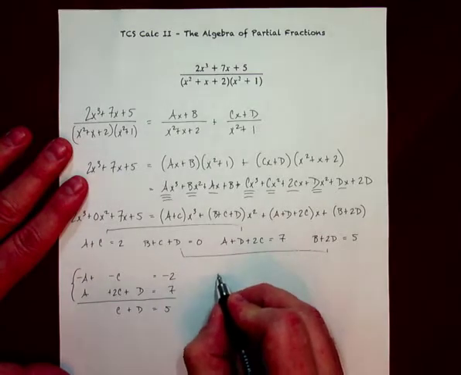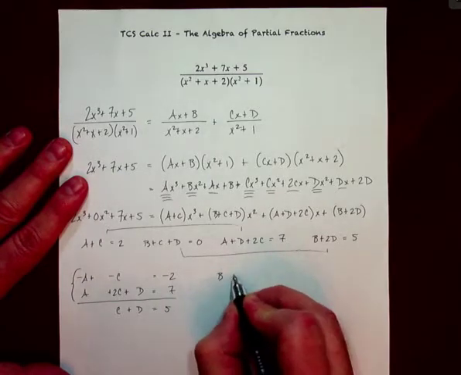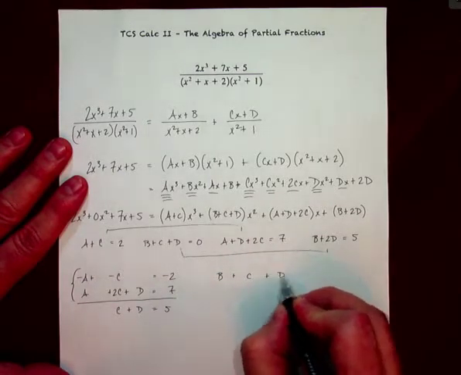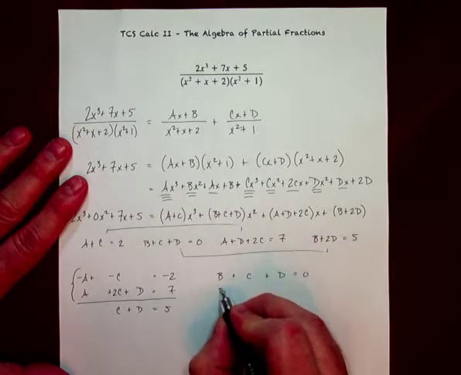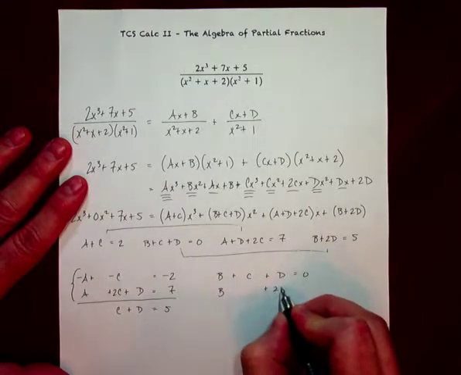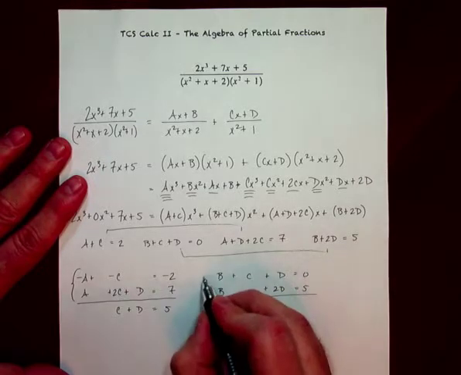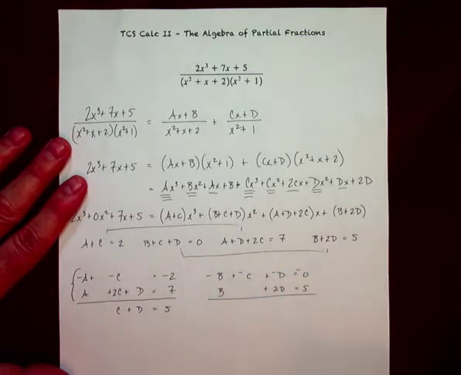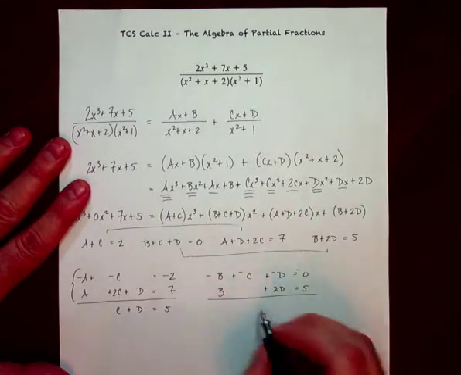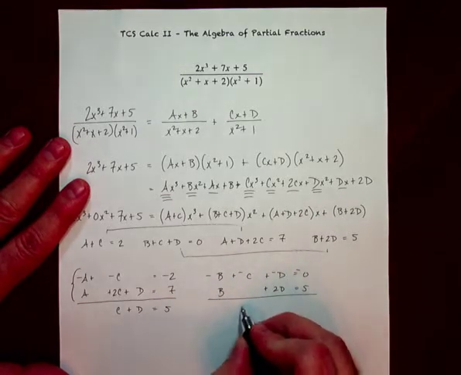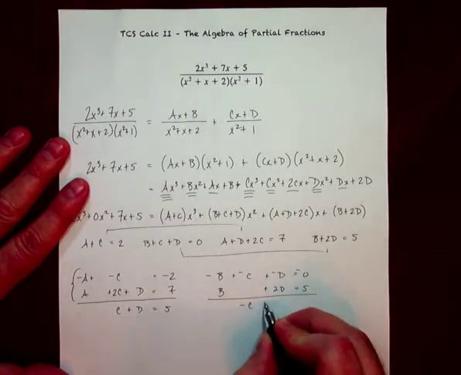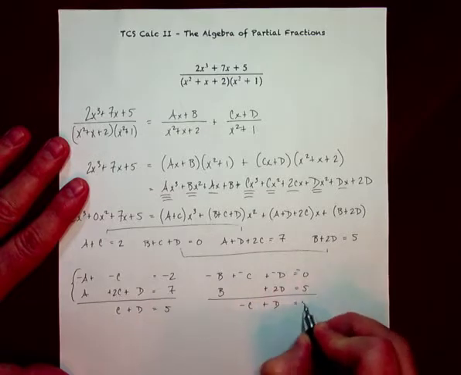This one right here, I have b plus c plus d is equal to 0, and b plus 2d is equal to 5. Now, if I multiply this one through by a negative, and of course, negative 0 doesn't make any sense, but you get where I'm going with this, I get negative c plus d is equal to 5.